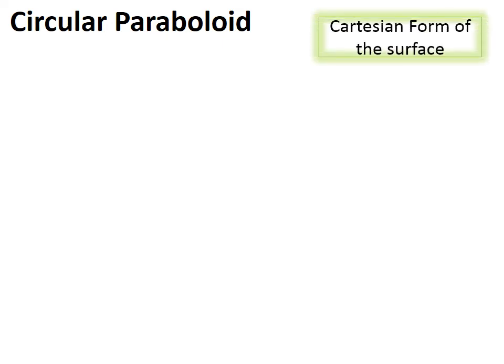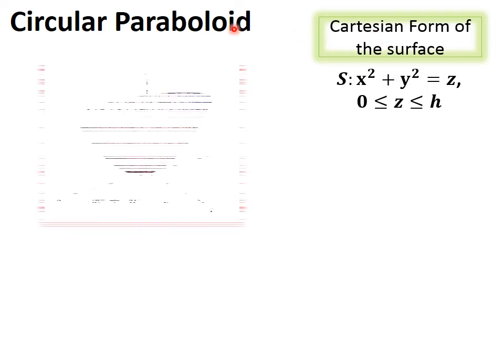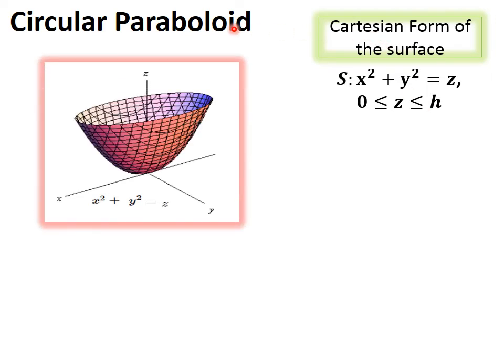Now we will see how to represent this surface, the circular paraboloid, in the parametric form. x square plus y square equal to z, 0 less than or equal to z less than or equal to h, is the Cartesian form of the circular paraboloid. The generating curves are a pair of parabolas and circles of the same center, with radius square root of height.